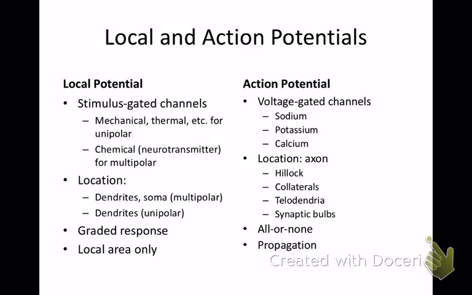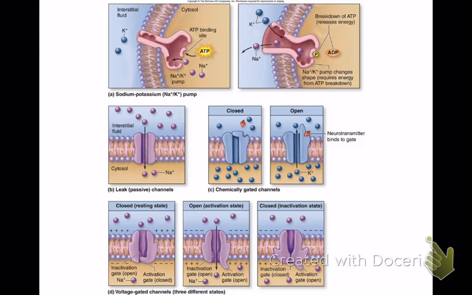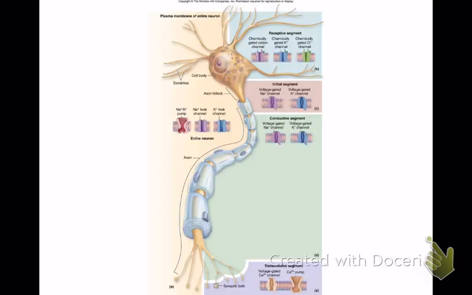What does it say for location, for voltage regulated gates? Axon. Axon only. So if I am looking at a dendrite, am I going to see voltage regulated gates? No. If I'm looking at the cell body, the membrane of the cell body might have some gates on it. Are they going to be voltage gates? No. Only on the axon.